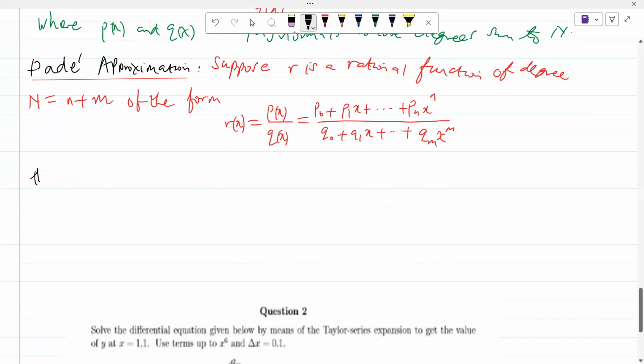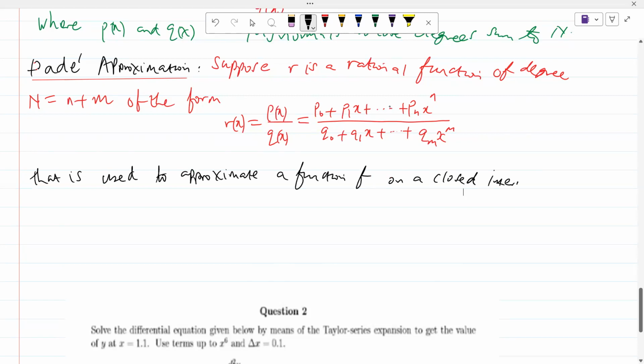This polynomial is actually the polynomial that is used to approximate a function f on a closed interval I, a little bit of theory now, containing 0.